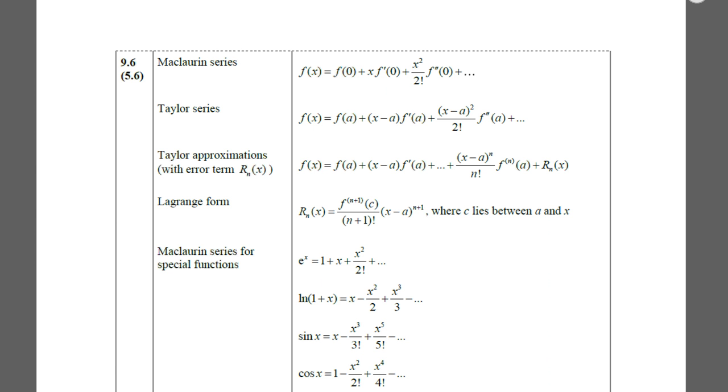If you check your Maclaurin series expansion, this is the first term, which is f0, and our f0 will be 1.